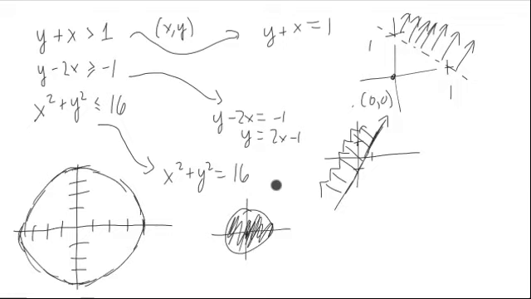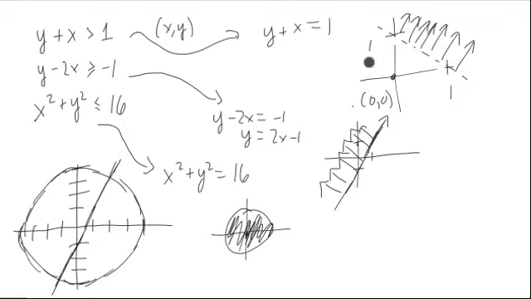Next, let's draw this line. And it's not dotted since it's or equal to.